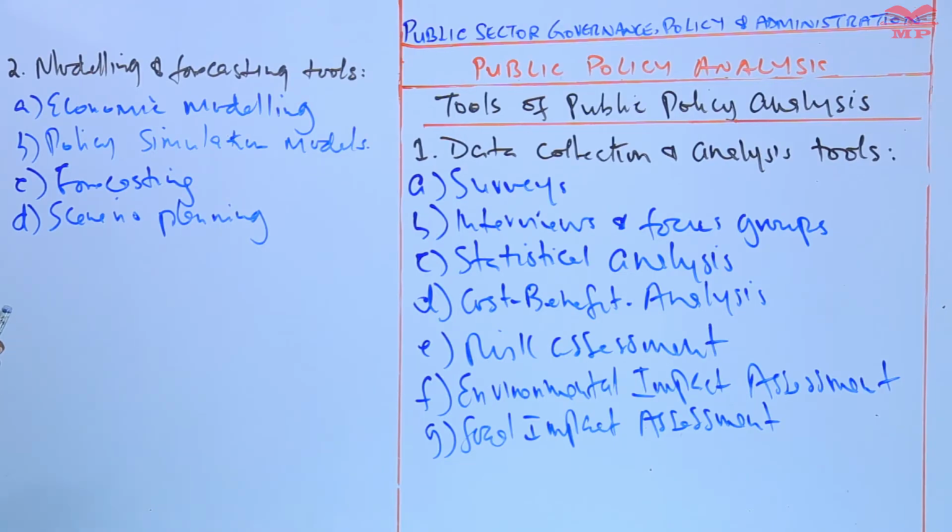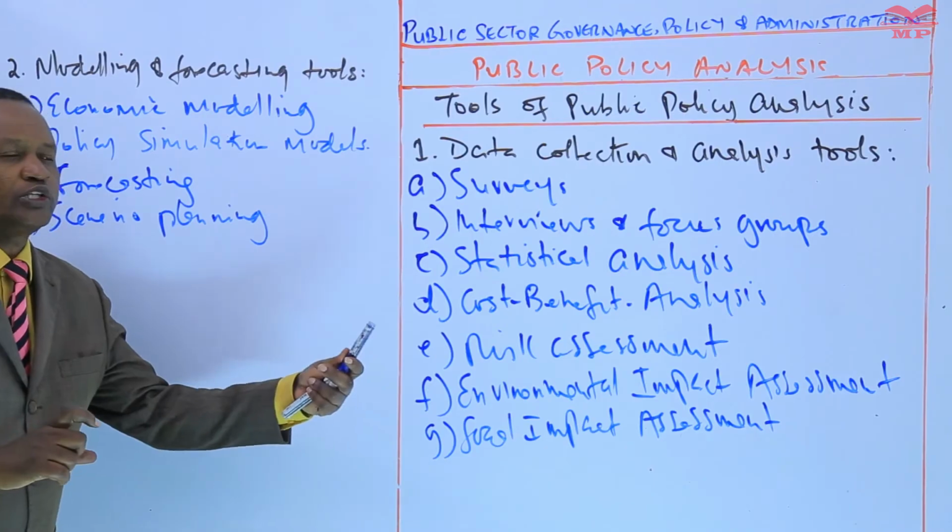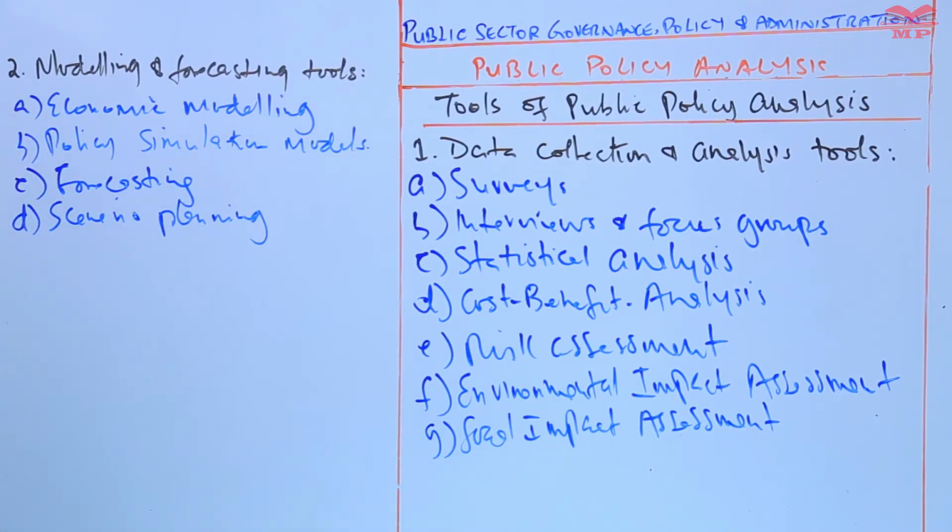So these are 4 modeling and forecasting tools that are used in public policy analysis.